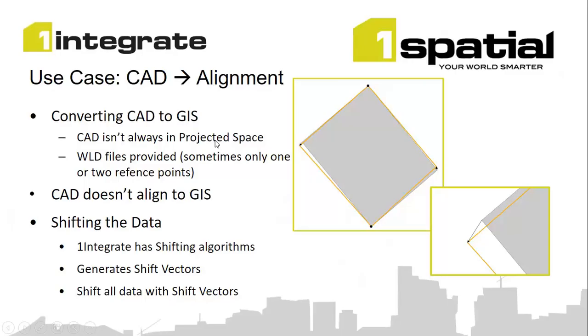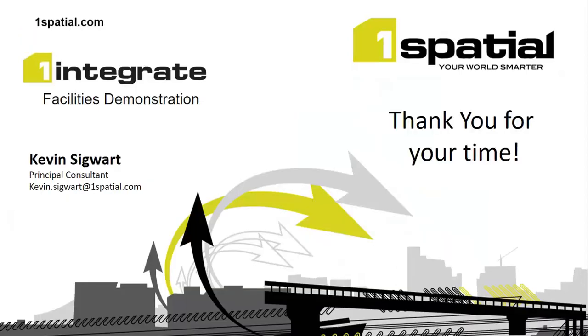So in that last demonstration, we showed you how you can take the CAD data that is slightly off alignment and shift it using the one integrated product to do the shift vectors. And with that, that concludes our demonstration. Today we showed you 3 demonstrations. We showed you the ability to do data validation of attribution and geometries.